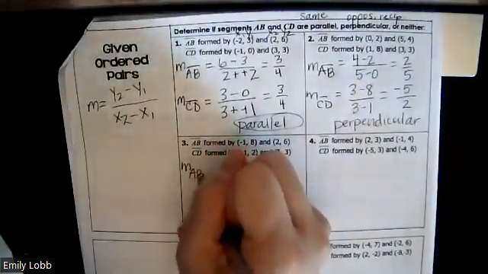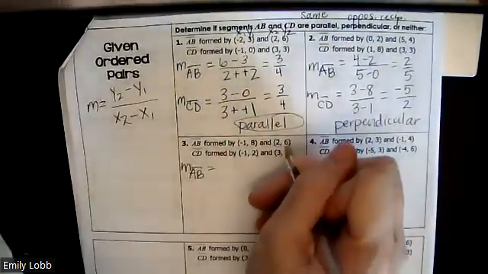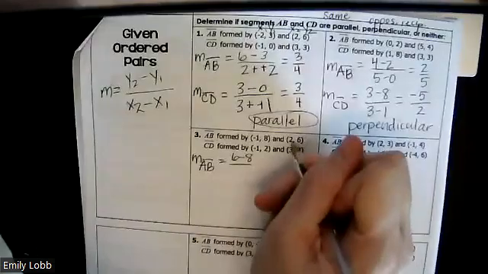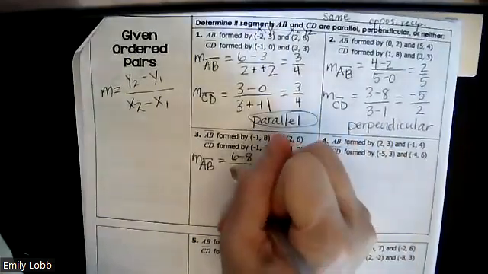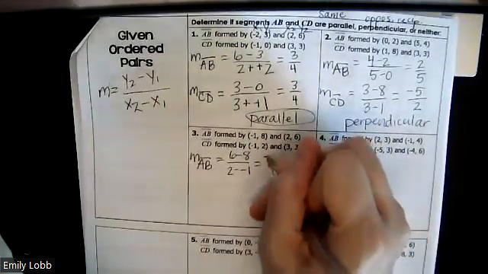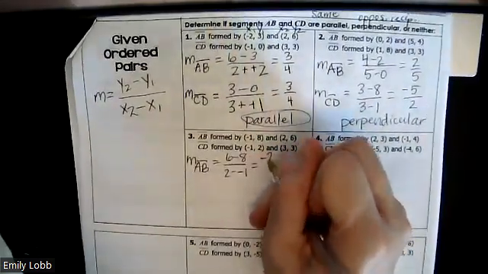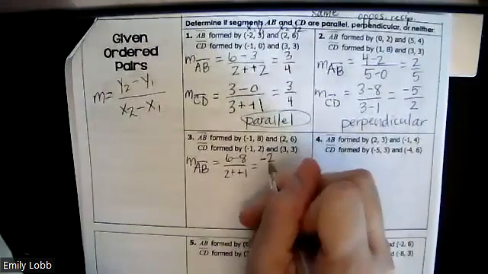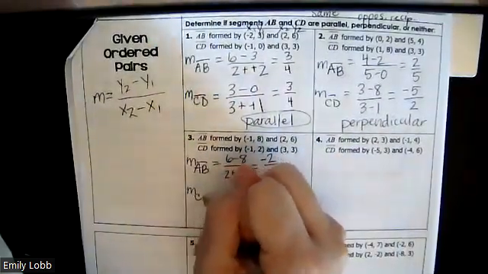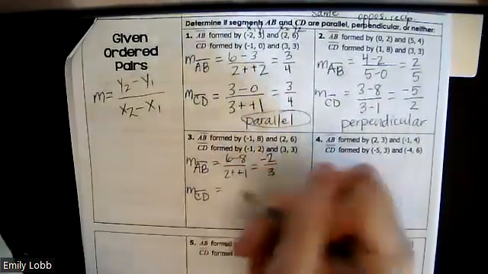The slope of AB is equal to 6 minus 8 all over 2 minus a -1. So we have -2 on top, 3 on the bottom. Then we're looking at the slope of CD.